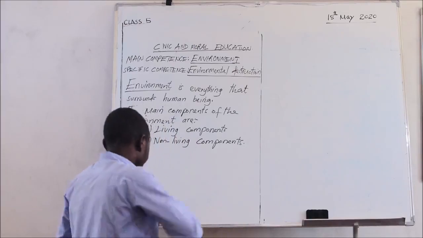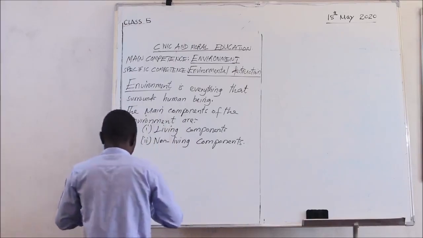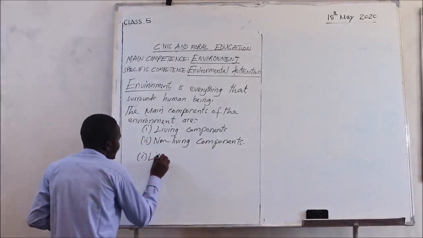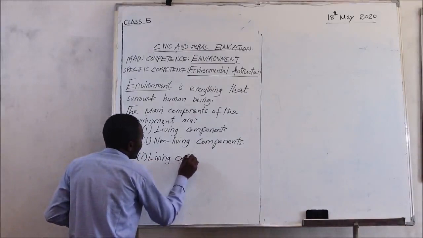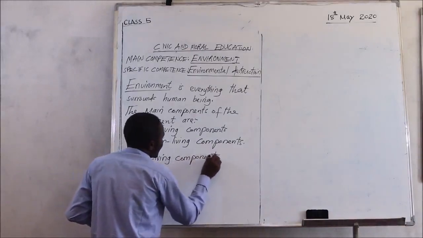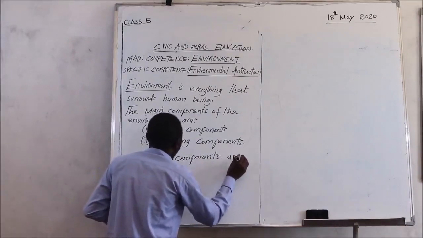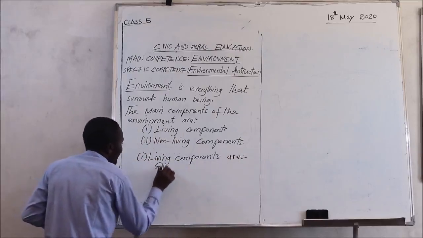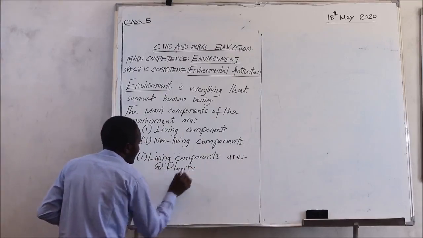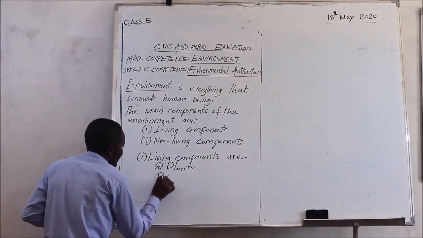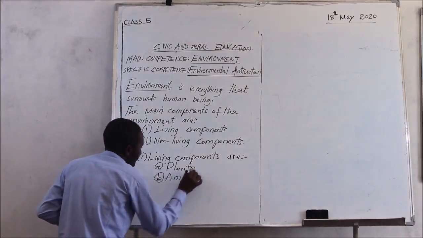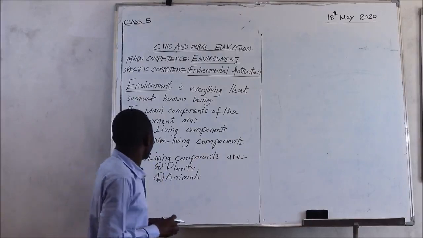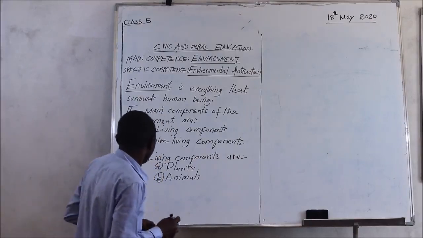Now, living components are plants and also animals. These are also components which human beings depend on in order to survive.